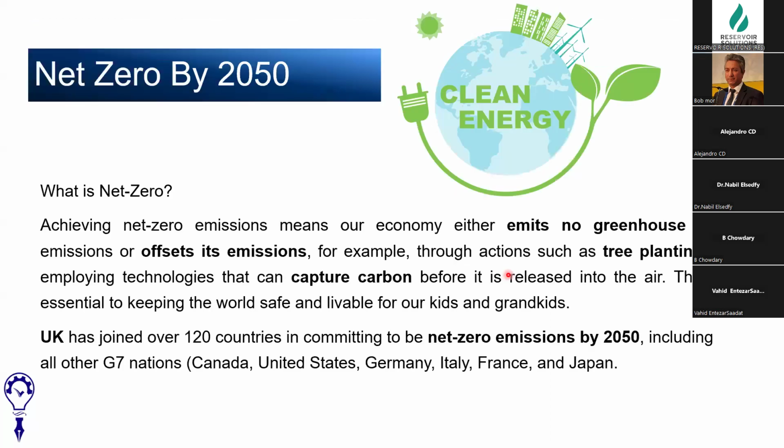So by this introduction, what does net zero by 2050 mean? What is net zero? Achieving net zero emissions means that we need to emit no greenhouse gas, or balance emissions by using, for example, offsets, or through tree planting, or employing technologies like CCS, carbon capture and storage technology.